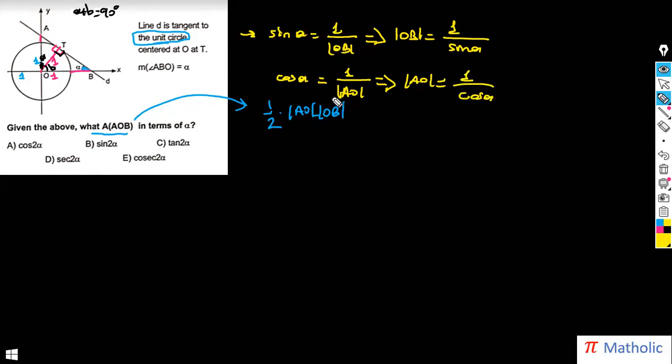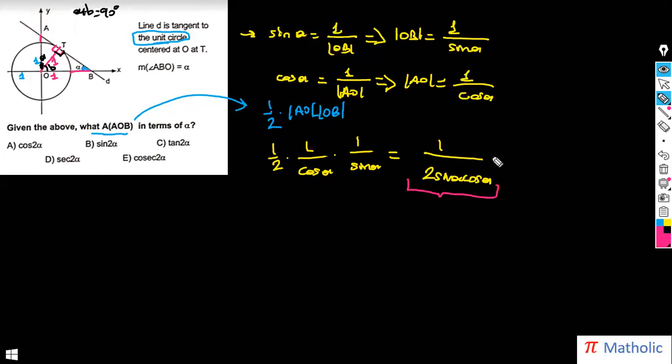Let's plug in these two into here. 1 over 2 times 1 over cosine A times 1 over sine A, which makes 1 over 2 sine A cosine A. So this is double angle identity, which makes sine 2A.